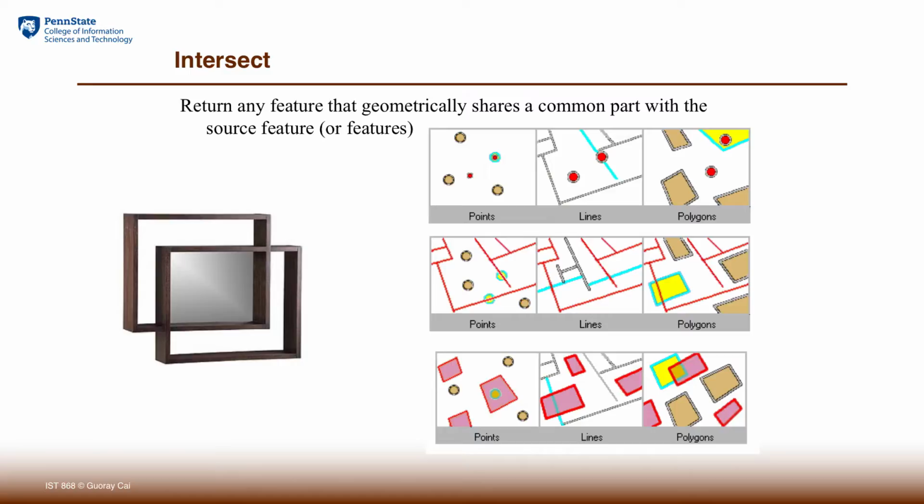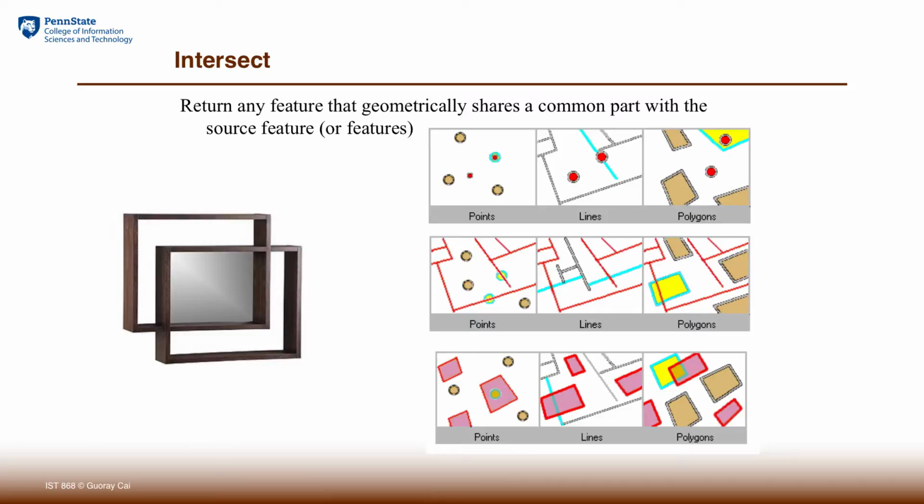Intersect between a line and a point is also interesting. For example, you can look at which street intersects with an intersection. The streets that actually come across and share the same points as the point feature get returned.